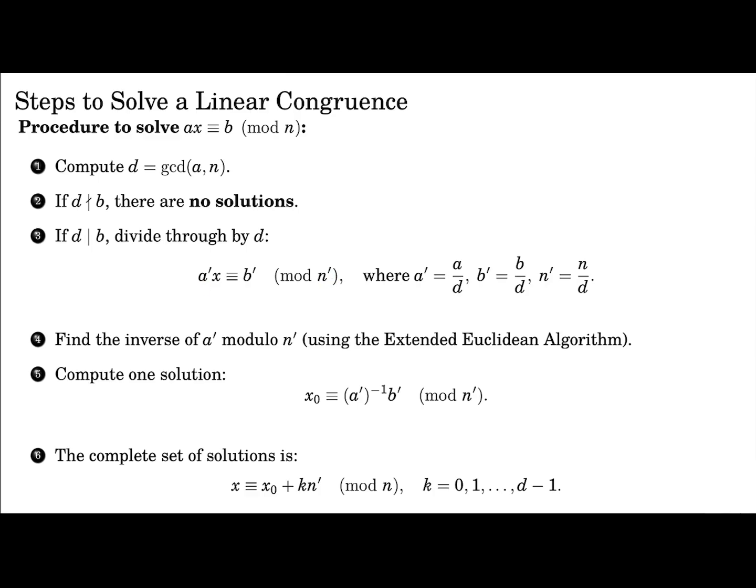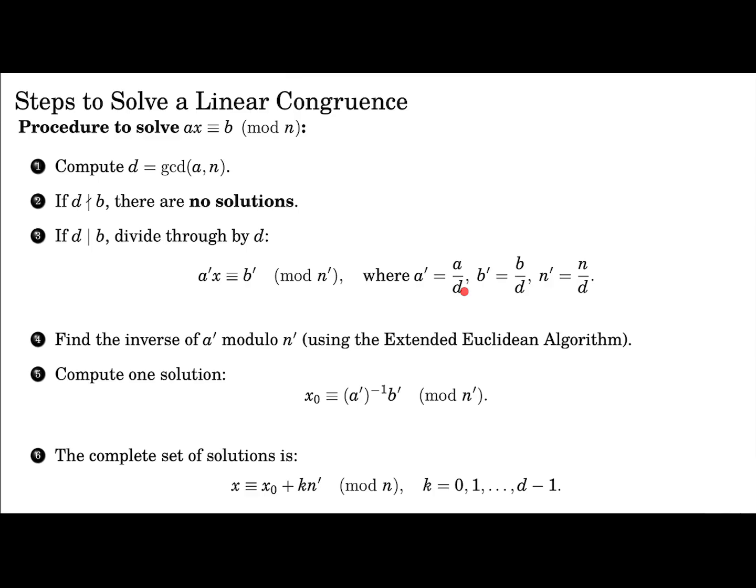Their GCD will be 1. Why? Because d was their GCD, so once you divide by it, the only divisor they will share is 1, because you removed all the divisors that they shared when you divided by d.